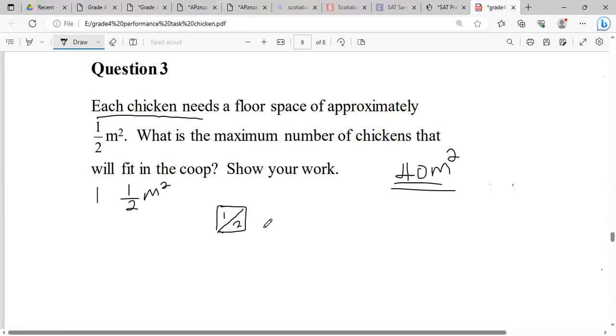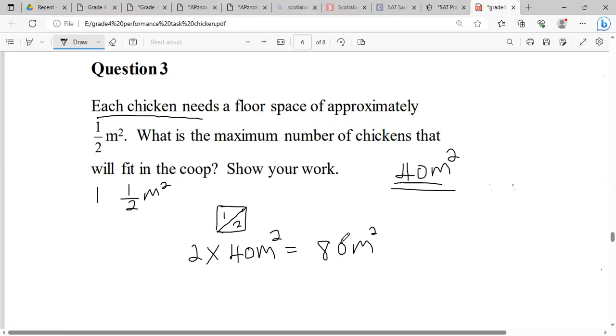So 2 chickens can fit in 1 meter square. So if we have 40 meters square, it will be 2 multiplied by 40, which tells us the total number of chickens it can hold, and that would be 80.